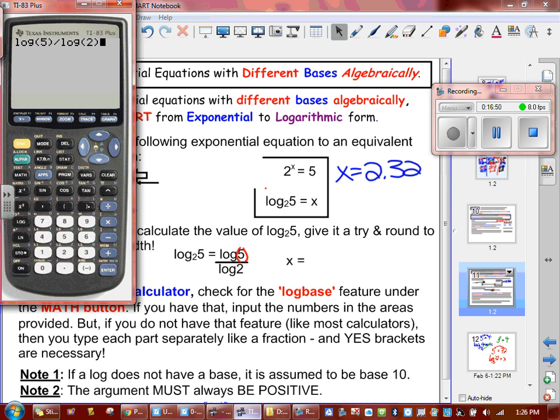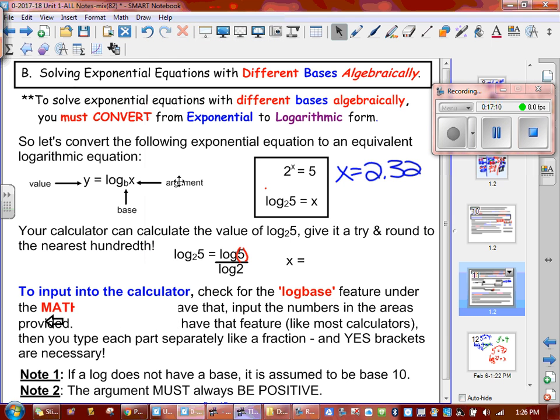Okay? So if we don't have the log-base function, we input it as a fraction like this, making sure that there are brackets around the argument number. Now the argument number is the number that is the x here in this case. He's the big number. So the base hangs low.